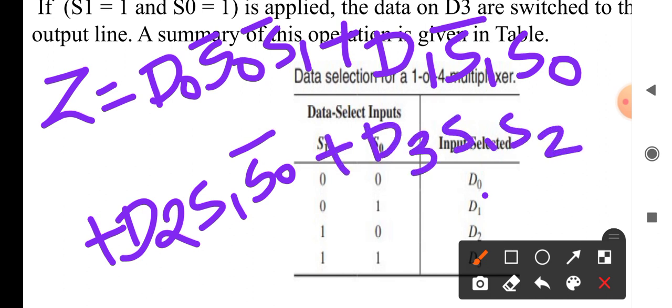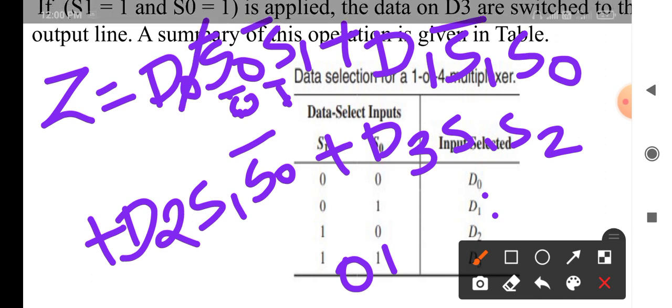Similarly, you just put 0 1 as the inputs, so D1 should be selected. For the D0 term, 0 complement will be 1 and 1 complement will be 0, so 1 into 0 is 0.